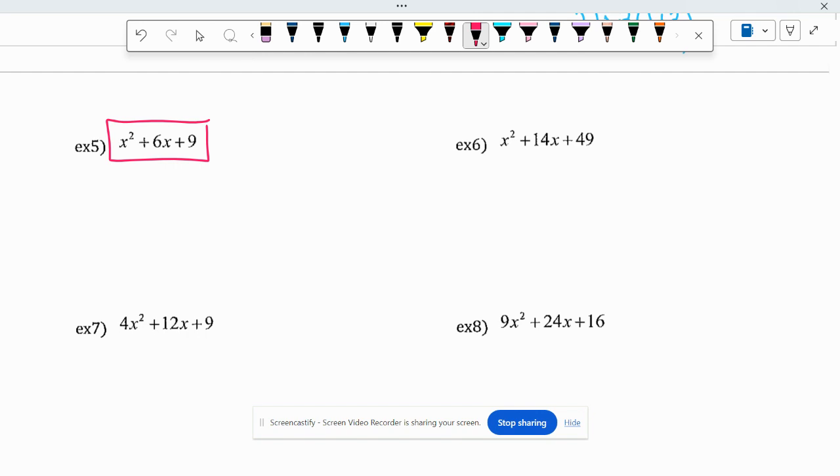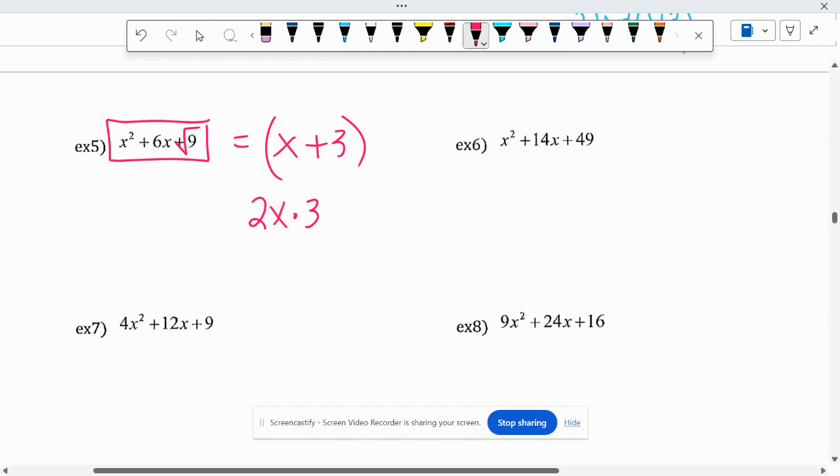So let's look at this first example. What is the square root of x squared? x. What is the square root of 9? 3, and it's positive. If I take 2 times the first term times the second term, what is 2x times 3? Is that what my middle term is?